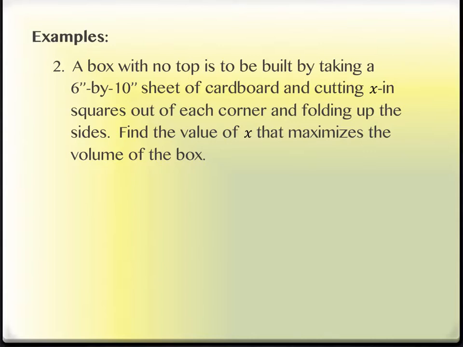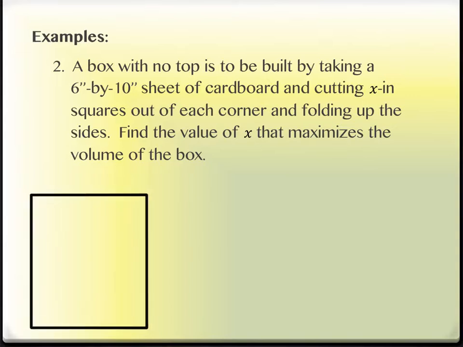So our picture, as we're drawing this, looks something like this. What we're doing is cutting the corners and folding them. So I'm going to do some dotted lines to represent the folds. These are the fold lines along the edges.